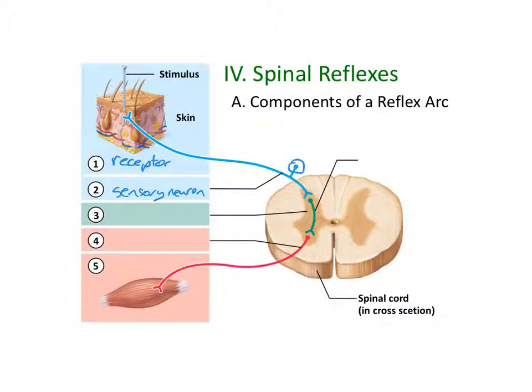This is where the dorsal root ganglia would be, into the dorsal horn, where it then synapses with an interneuron, which creates the integration center, taking input from one or more neurons and making the decision of whether or not to initiate a response. If a response is initiated, that signal is then sent out through the motor neuron to then impact the effector, which gives us the response.